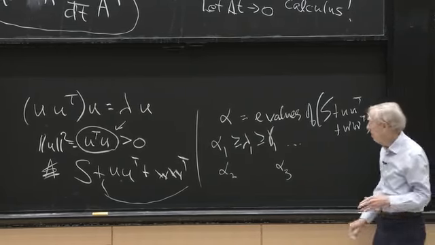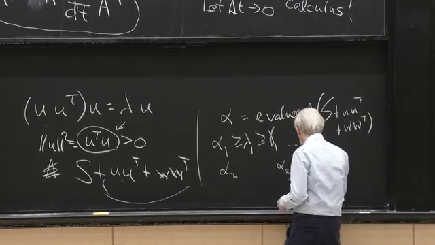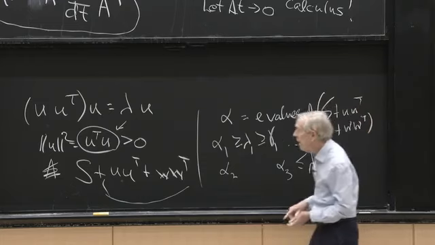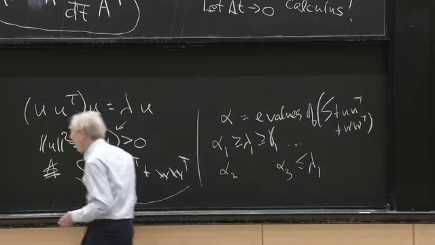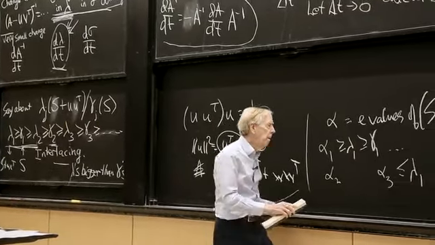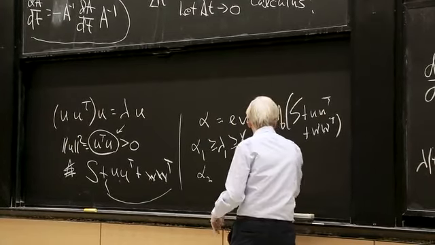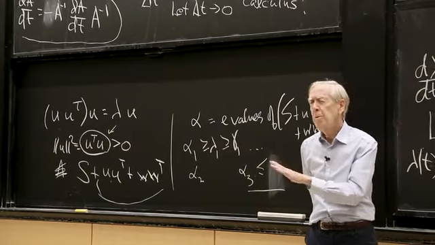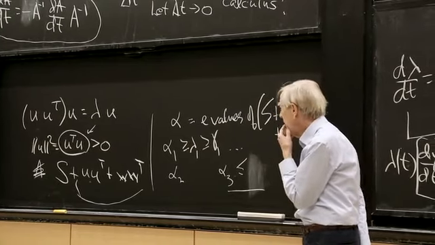It could pass lambda 1, but alpha 3 can't. I believe that alpha 3 is smaller than lambda 1, so alpha 3 is smaller than gamma 1, the original guy. Anyway, I'll get it right in the notes. You know what question I'm asking, and that's, for me, the important thing.